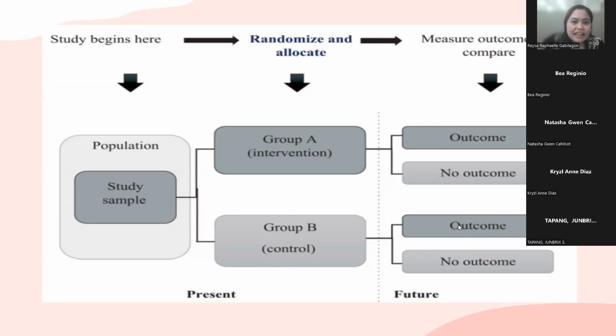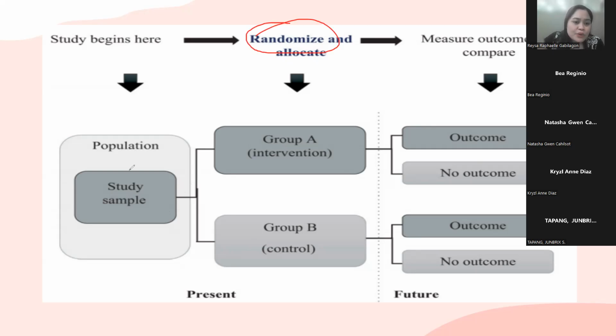And then after that, after the intervention, we will be measuring the outcome. So nag-measure sila for the time of the formation of blood clot. Okay, yun yung ginawa nila. But please take note of the most important thing in an experimental research, and that is randomization.